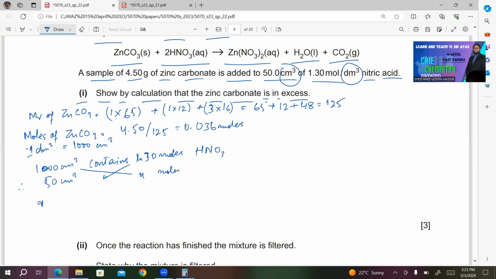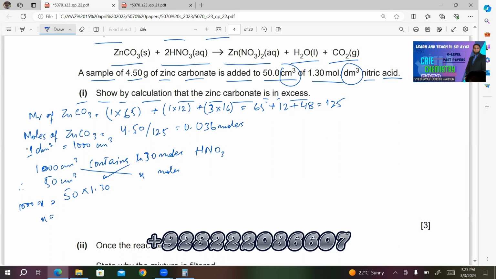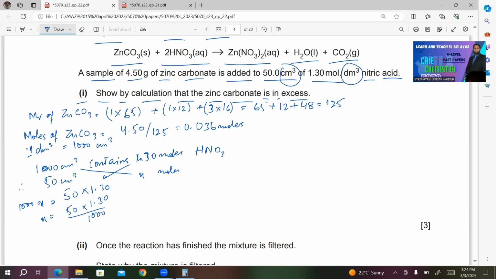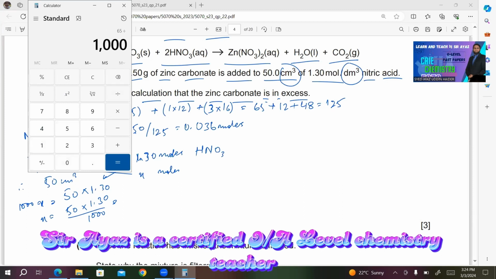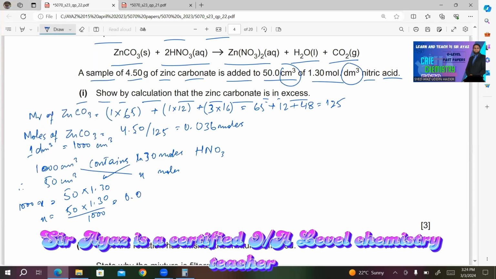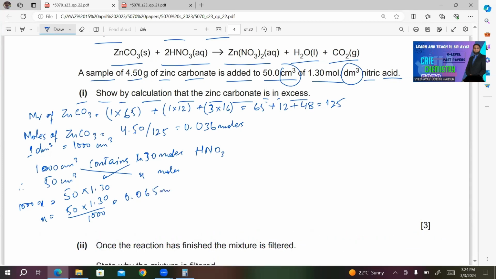So we'll get X times 1000, X is equal to 50 multiplied by 1.30 divided by 1000. 50 multiplied by 1.3 divided by 1000. 0.065 moles of HNO3. These are the moles of HNO3. These are the moles for ZnCO3.